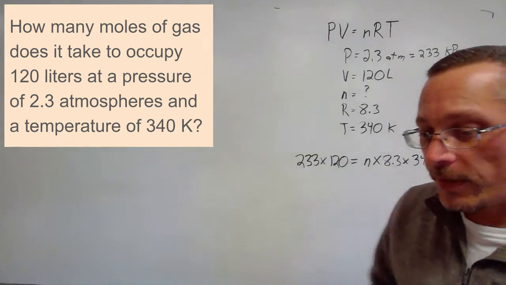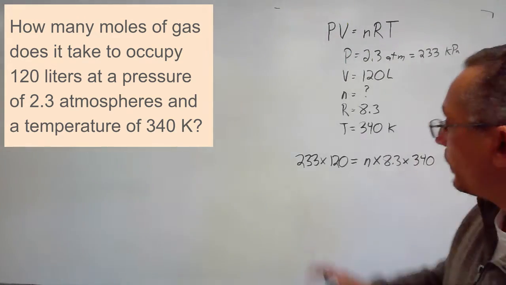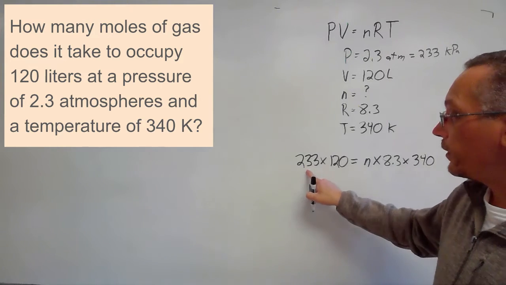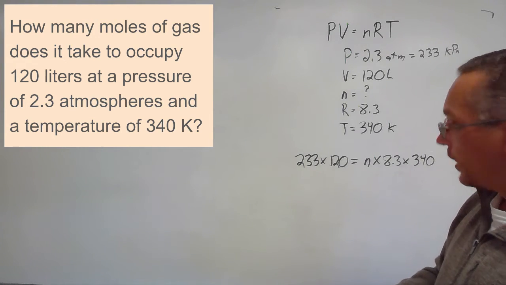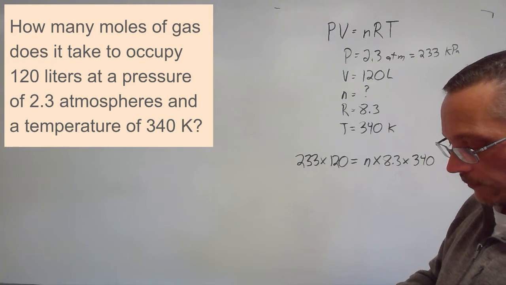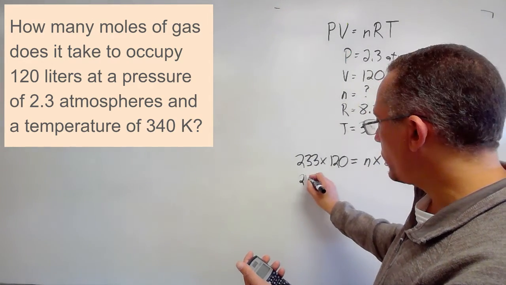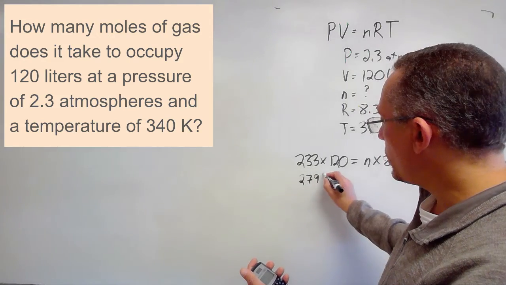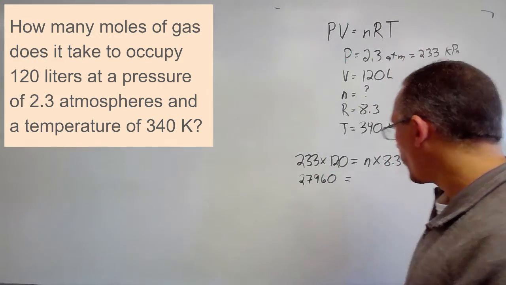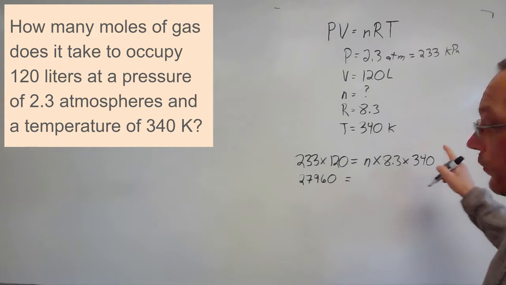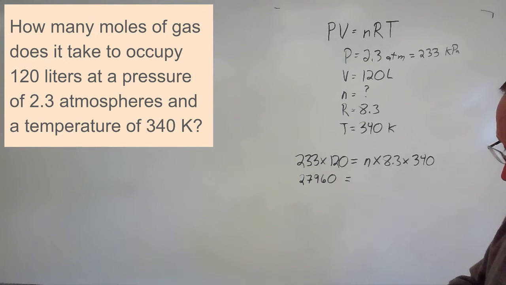Okay. Now I'm going to take my calculator and simplify both sides of this. So here I'm going to do 233 times 120. And there I'm going to get some big numbers. I got 27960. And on this side I'm going to do 8.3 times 340.